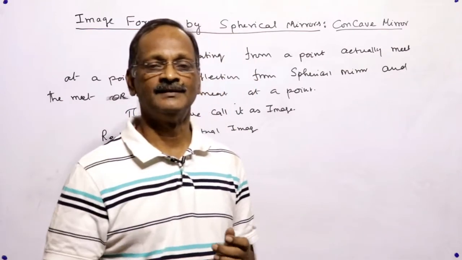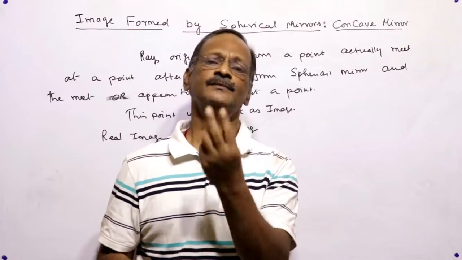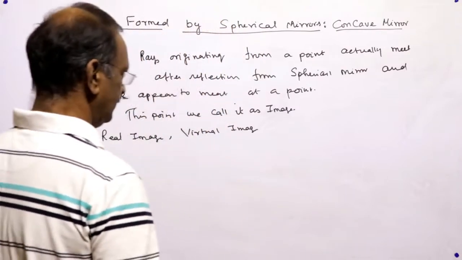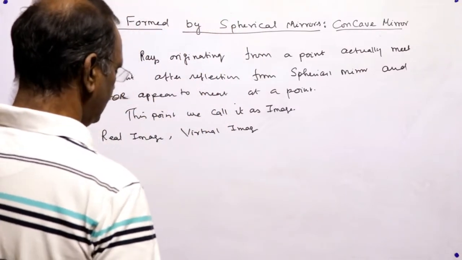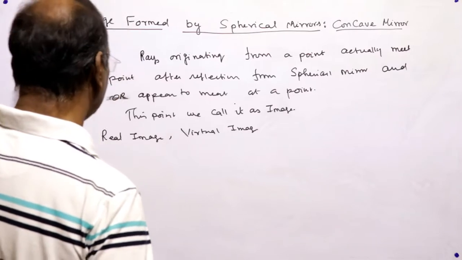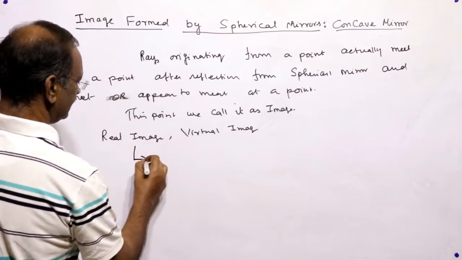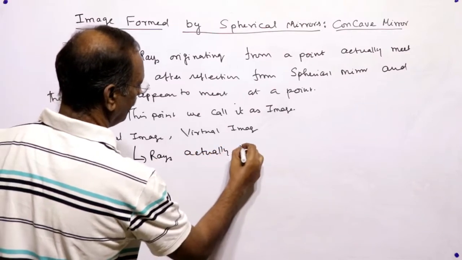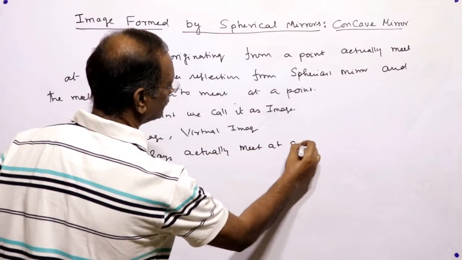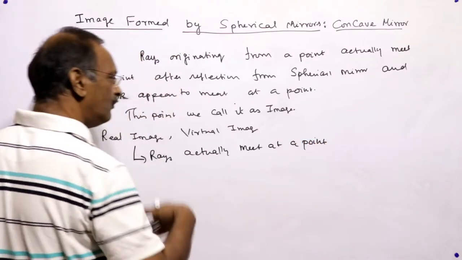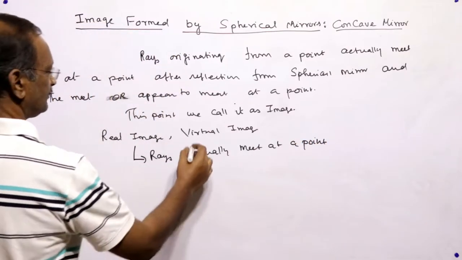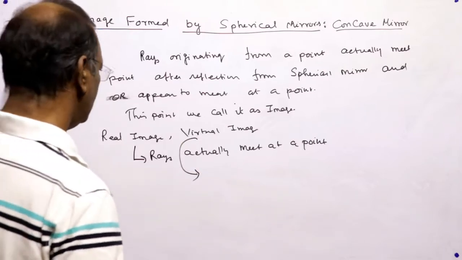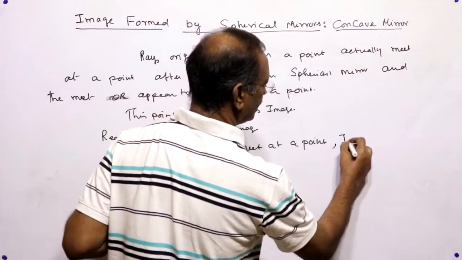To trace the image after reflection, we need at least 2 rays. We may take more than 2 rays, but we need at least 2. For the real image, rays actually meet at a point after reflection from the spherical mirror, and the real image will be inverted.